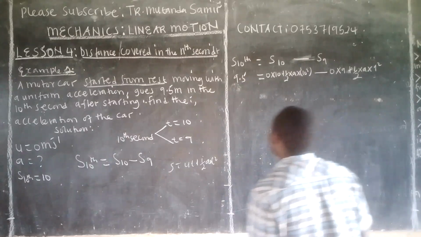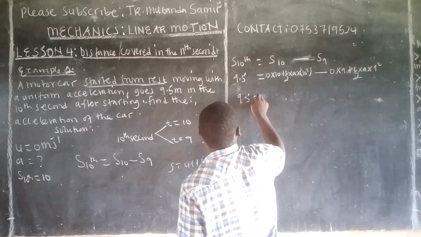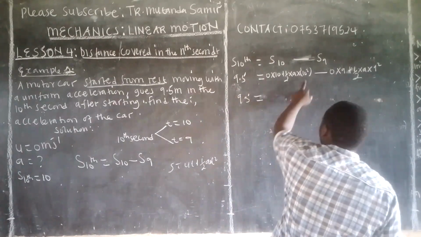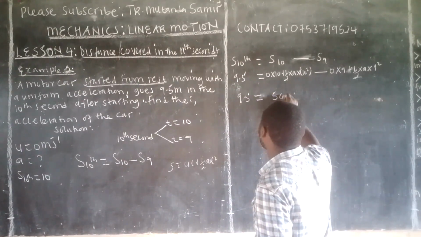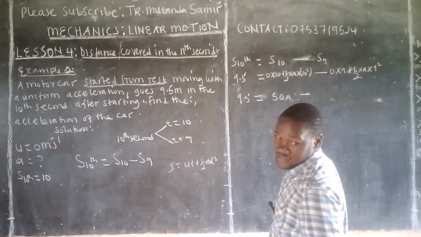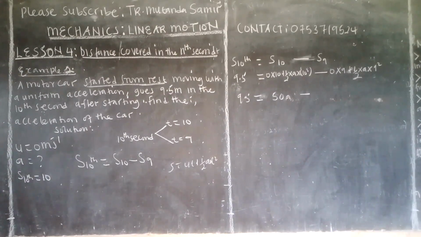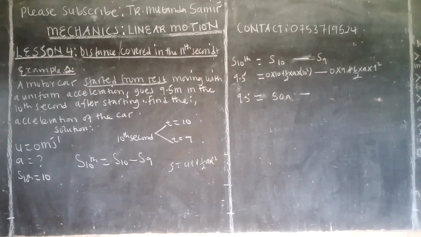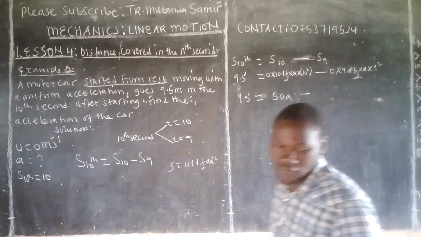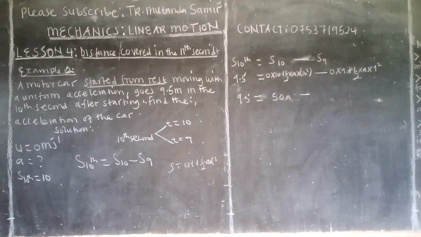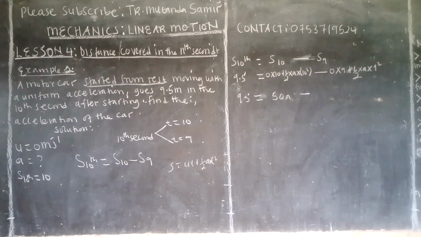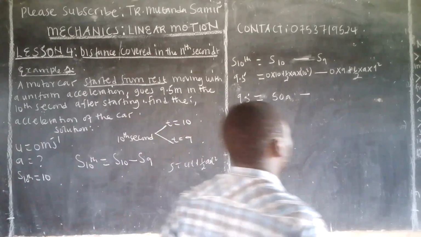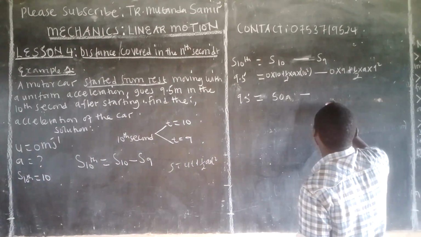All right, let's now harmonize. This will now be 9.5 is equal to 100 divided by 2, so we shall get 50A minus. Let's proceed. Here we shall get 81, and on our calculator, 81 divided by 2 will be 40.5, so it will be 40.5A.